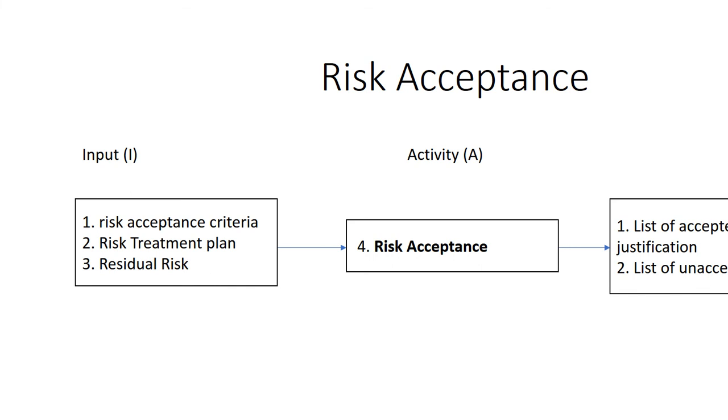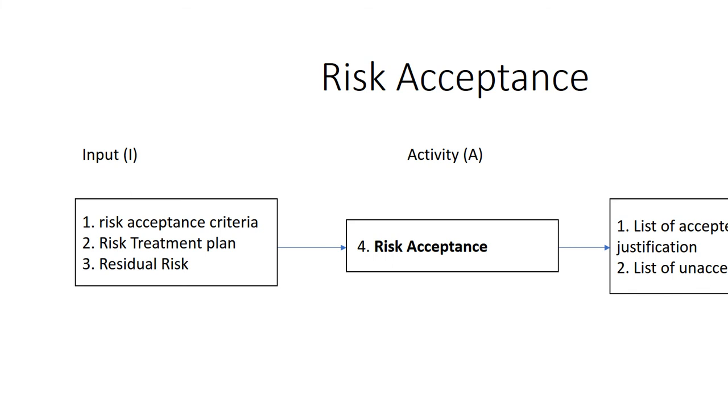In this phase we take the output of the risk assessment phase, that is the list of risks prioritized according to the risk evaluation criteria. Then we apply the risk treatment, and generate the risk treatment plan, where we have the details of the options, the residual risk, and everything.